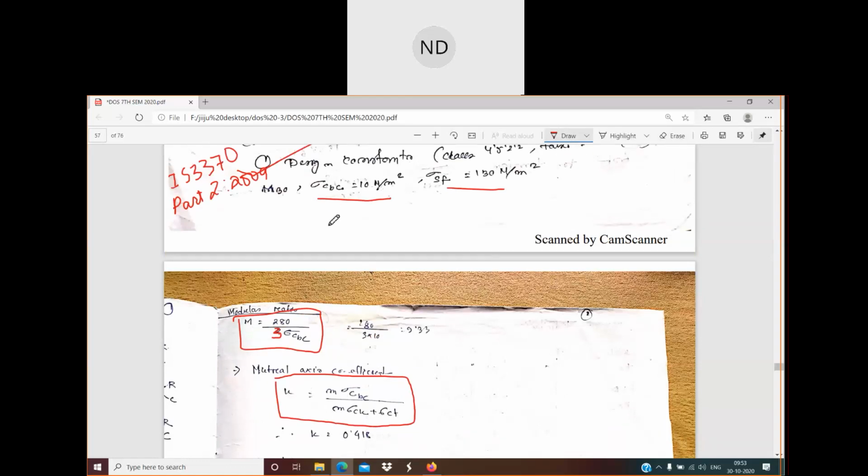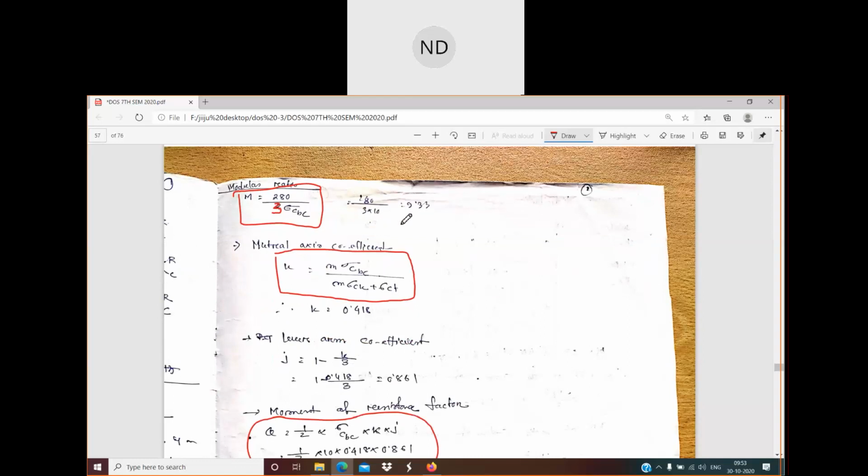We know the formula of modular ratio, m is equal to 280 by 3 sigma cbc. So 280, and sigma cbc is 10 Newton per mm square, from the IS code. We got our modular ratio to be 9.33.